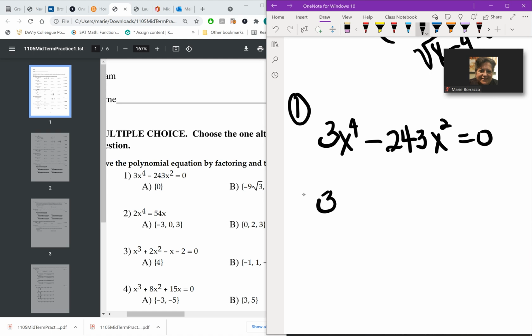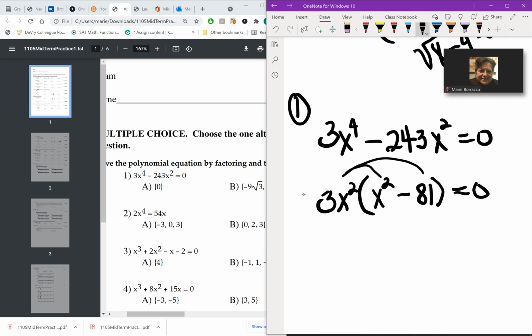I know for a fact that 3x squared should be taken out, and this will leave you x squared minus, in this case, 3 goes into 243 81 times. And you should be able to distribute this again and come back to the original question. So that's how you know you're on the right track as far as the work is concerned.